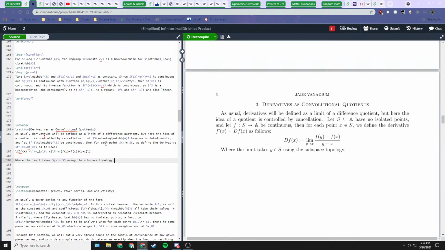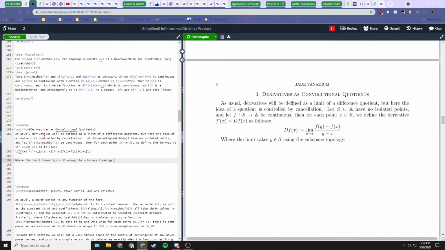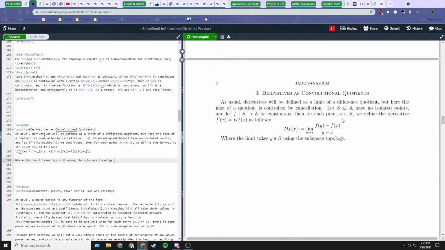Our derivative is defined using the standard method, but we can use any subset of our more general space A, so long as it doesn't have any isolated points, because that'll mess it up. If f is a continuous function, so it has to be continuous for this derivative to be defined, then for each point x in this space S, we define the derivative as this limit, where the variable y stays inside the domain set S, using the subspace topology.